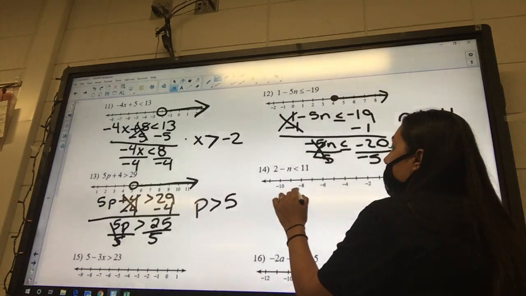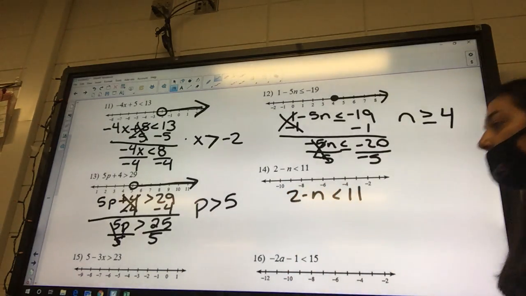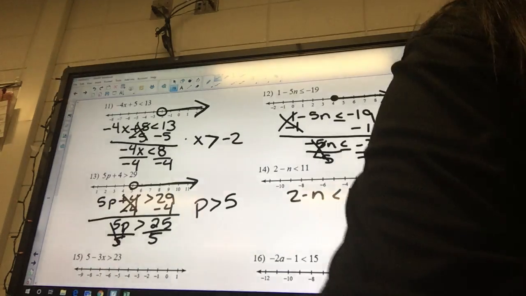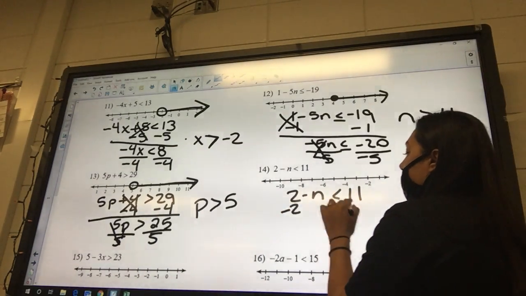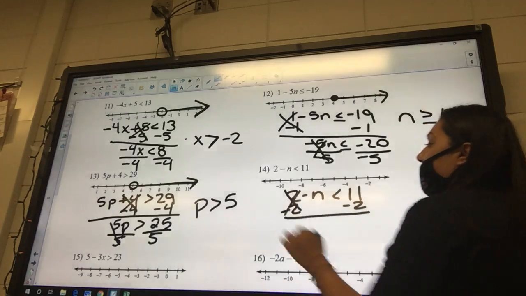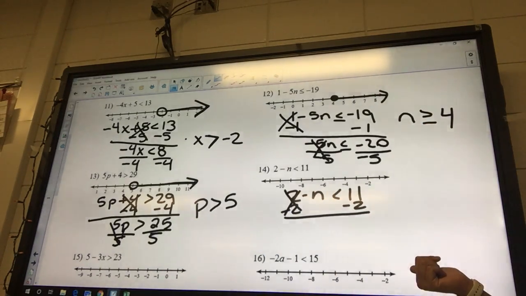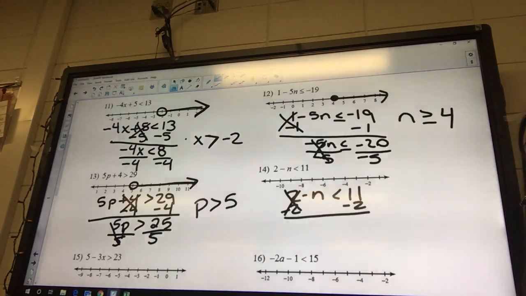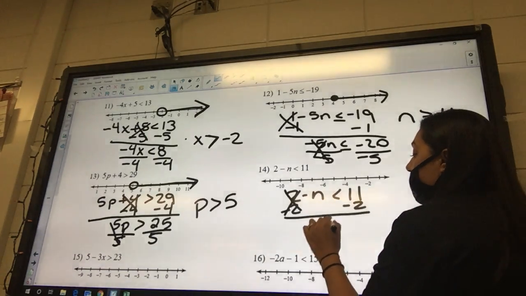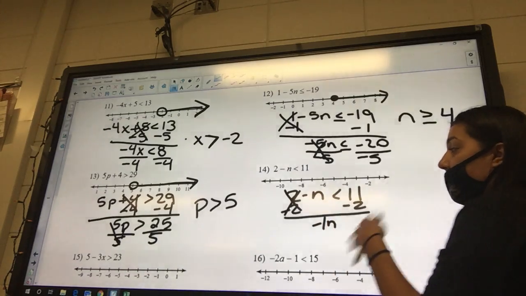So 14. There's another one like 14 that I think some of you might get wrong, so pay attention. We have to subtract the 2 first, and that part you definitely got. You have a tendency to just write n down, but it's not really n. It's negative 1n, or just negative n. You cannot just write n and get rid of the negative.